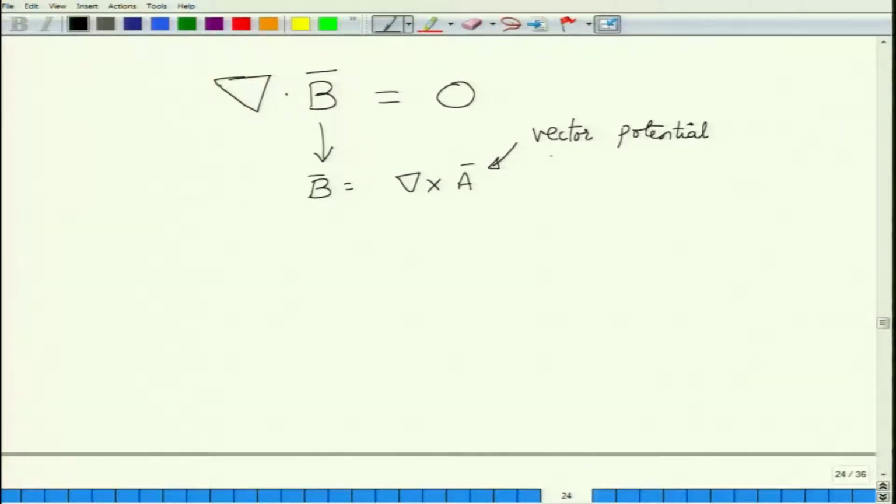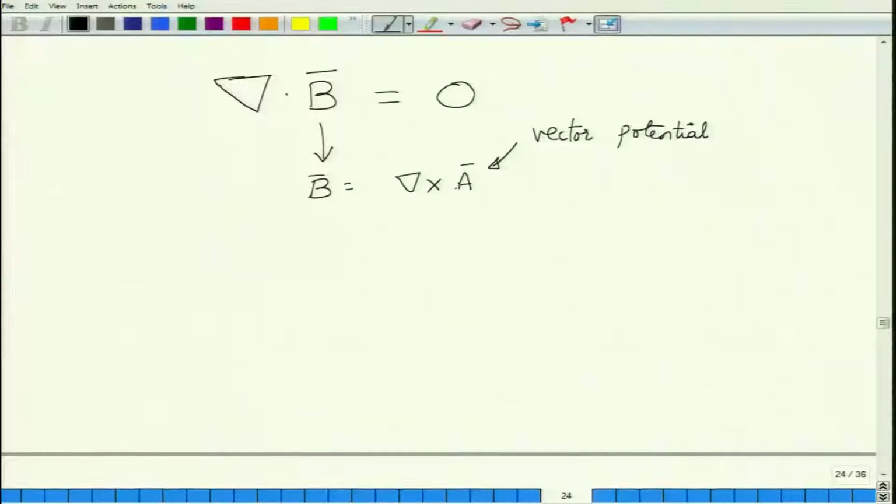We will see later that the equations that describe how this field vector A changes are very similar to the equations that the electric scalar potential satisfies, and that is the reason why this is called a potential function, but this time it will be a vector potential rather than a scalar potential. Okay. So B is del cross A, and through this equation we define the vector potential A.